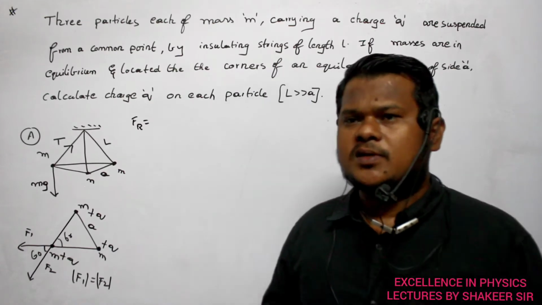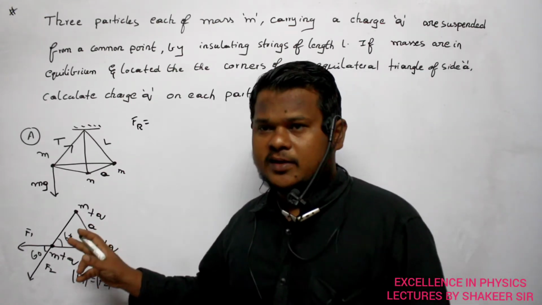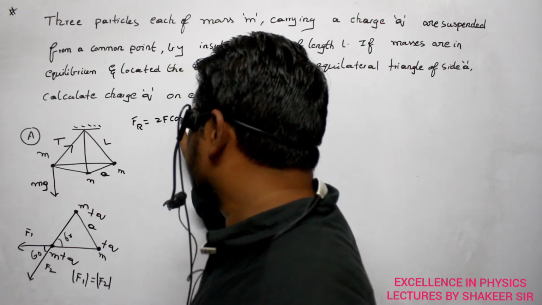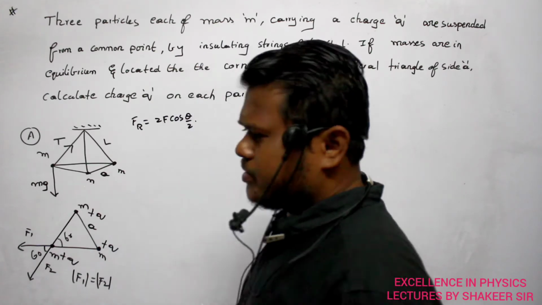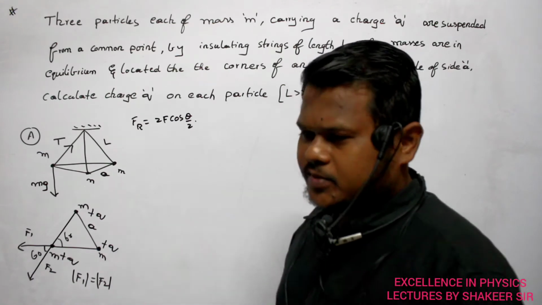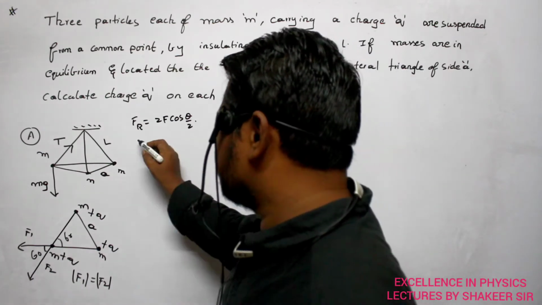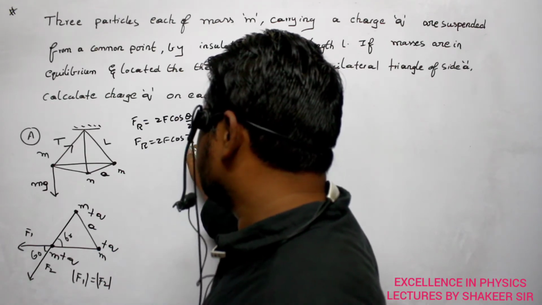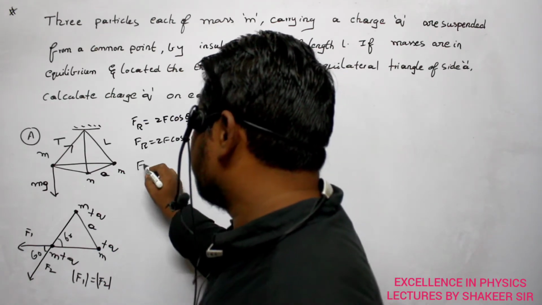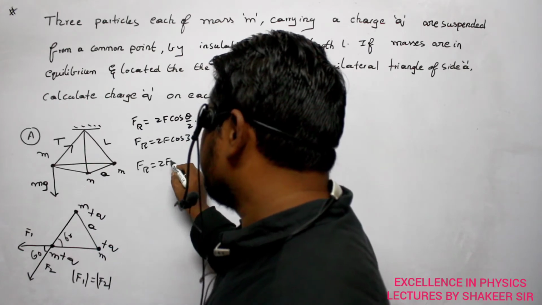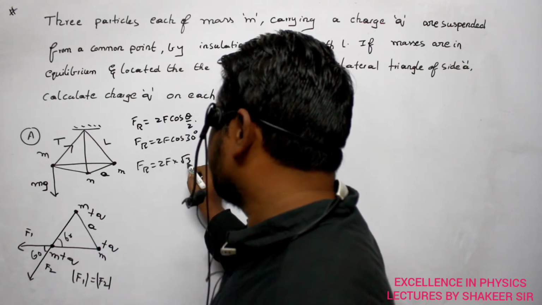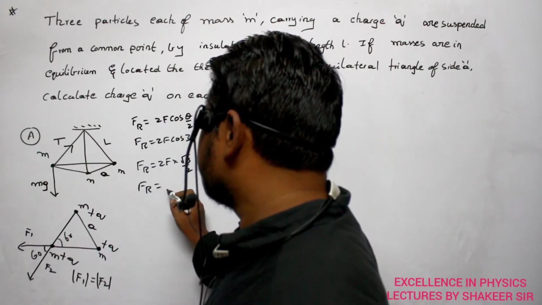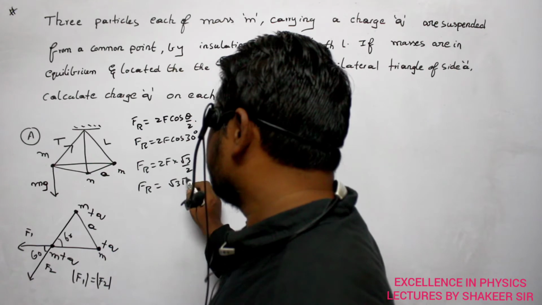If two equal forces are acting at an angle theta, then the resultant force can be written as 2F cos(theta/2). Theta value is 60 degrees, so I can write Fr equals 2F cos 30 degrees. Cos 30 is root 3 divided by 2, so the 2 and 2 get cancelled. Resultant force is equal to root 3 times F.